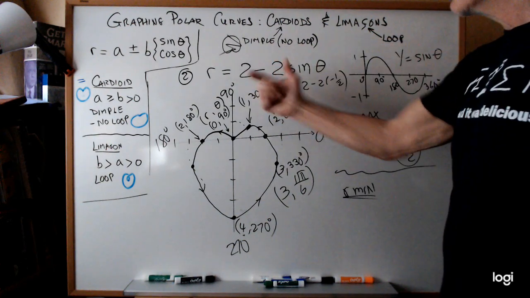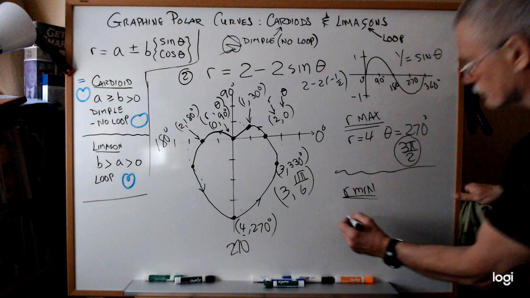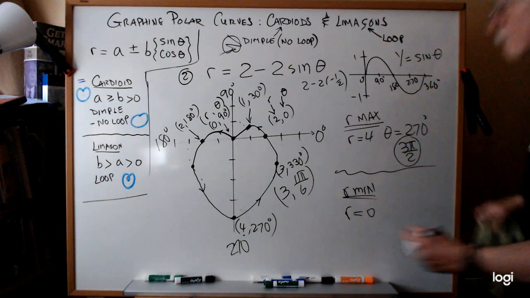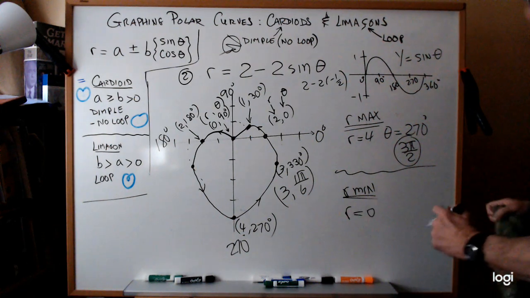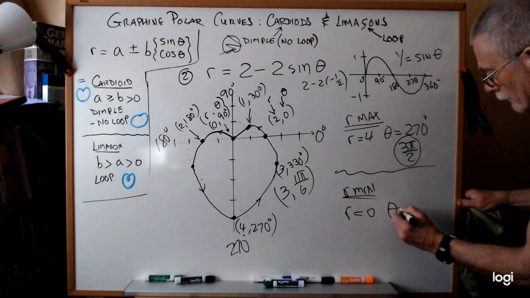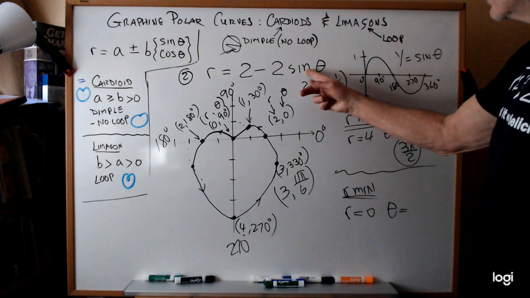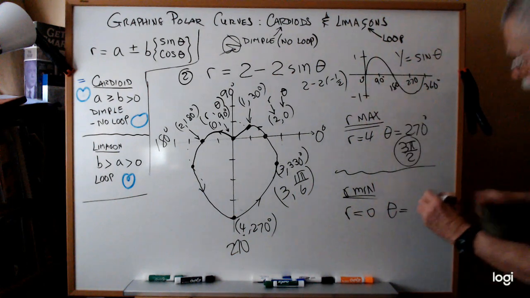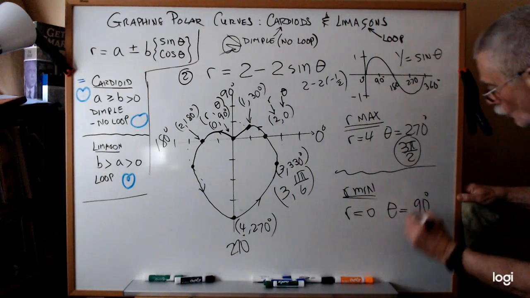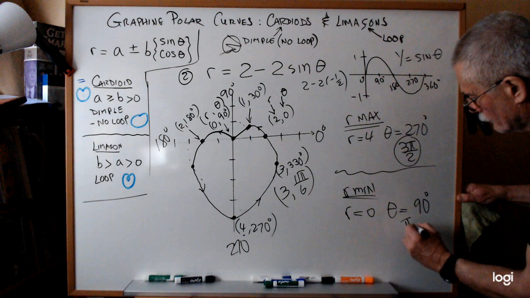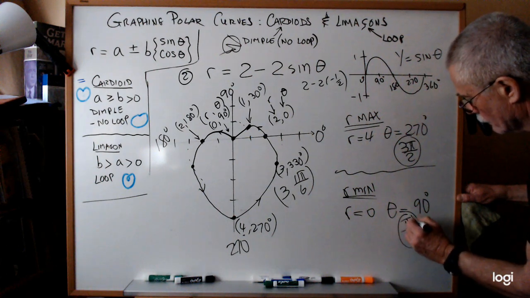And then you'd have a value 0. So R would be a 0 when theta equals, well, we're taking away the most when sine theta is a 1. That would be at 90 degrees, or we could say pi over 2 radians.